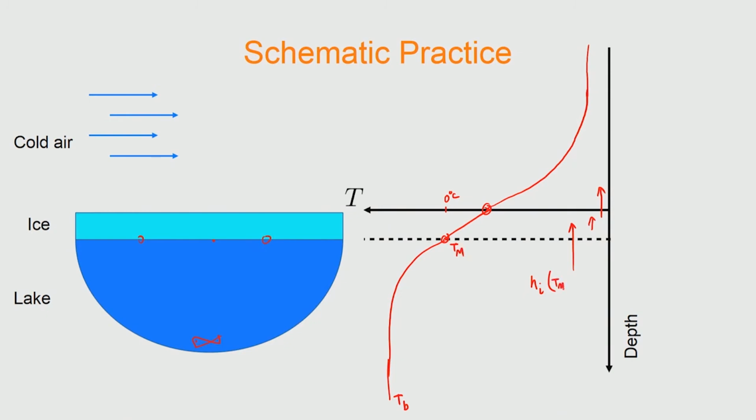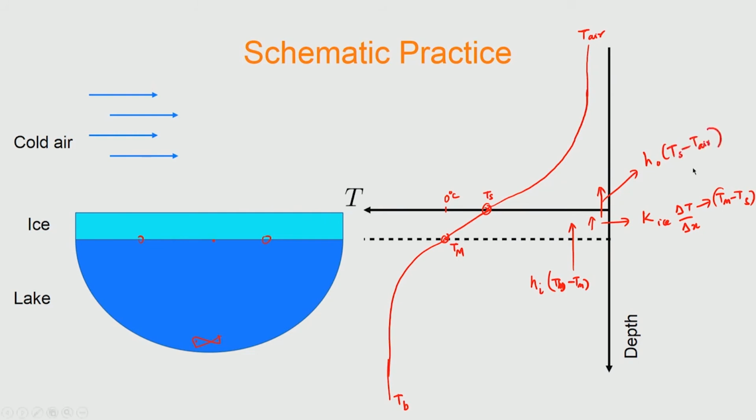So Tb minus Tm, and here it would be, for example, the thermal conductivity of ice into delta T by delta x, where delta T itself is given as Tm minus Ts. This is Ts, and this is T of the air. The heat that is lost would then be h outer into Ts minus T air.